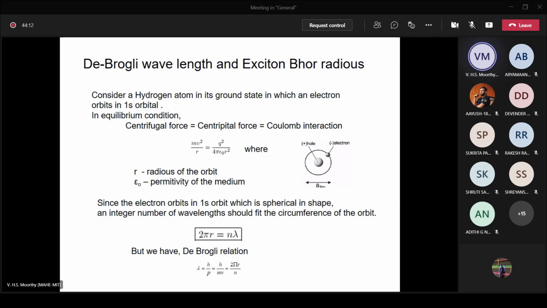Basically, the hydrogen atom. Now the hydrogen atom has one hole, meaning positive charge, the nucleus, and one electron in the outermost energy level, the 1s electron. Now we consider a hydrogen atom in its ground state.